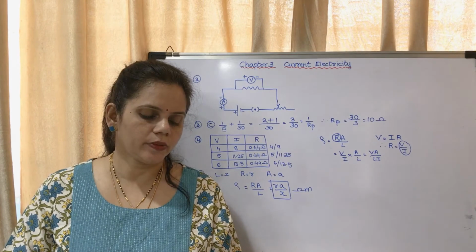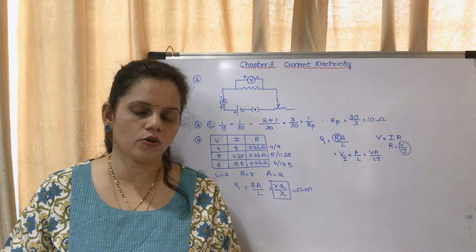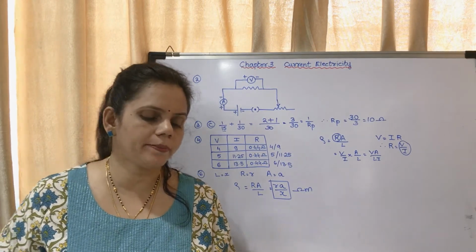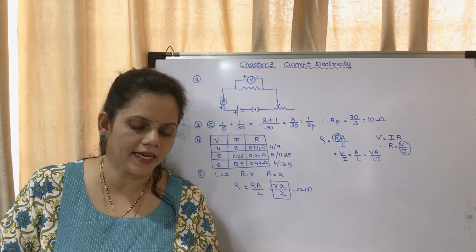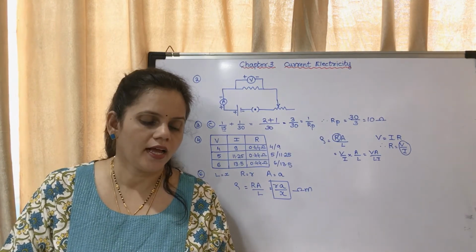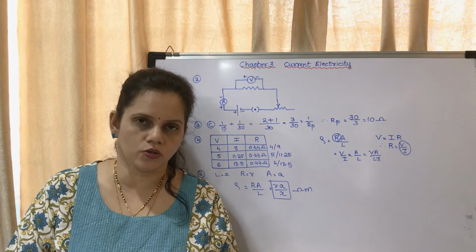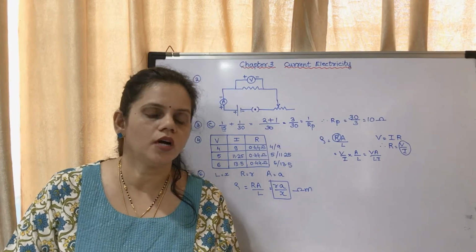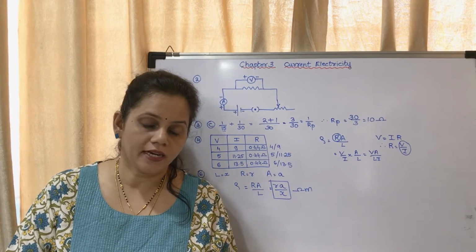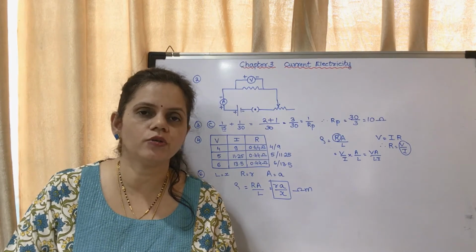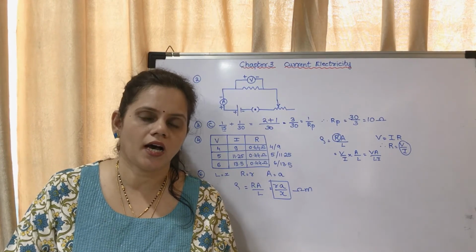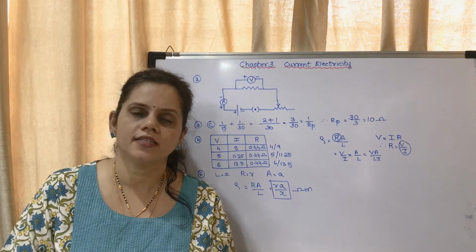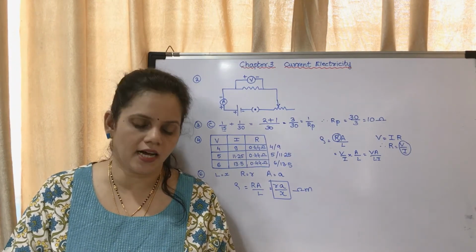Next is S1 is closed but S2 is open. If S2 is open means the current will go through HI, that means R4. And S1 is closed, that means it will go through R2. That means the current will flow through R1, R2, R3 and R4. This is an important question which is asked.